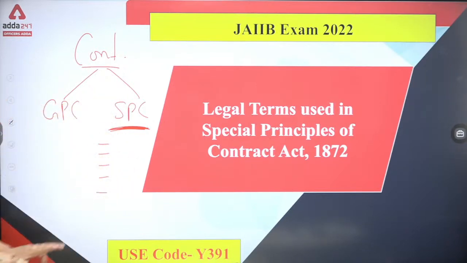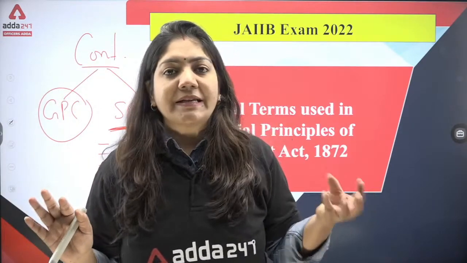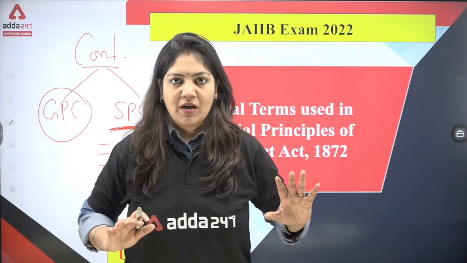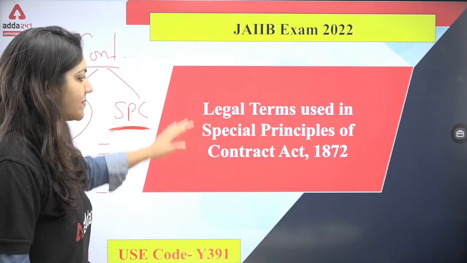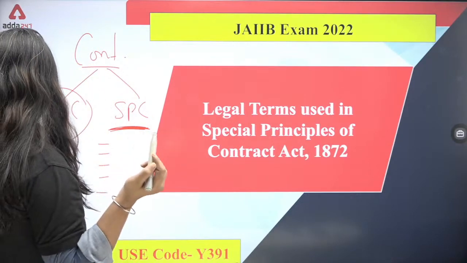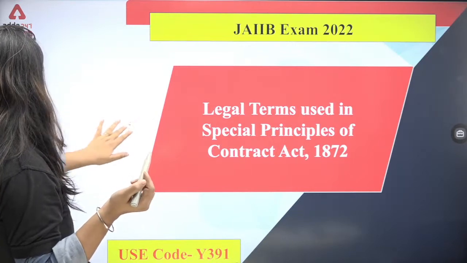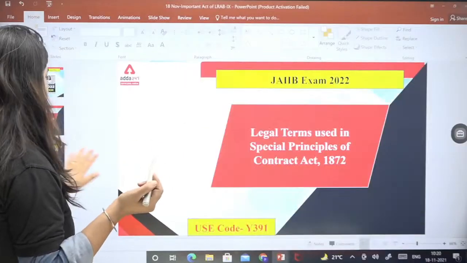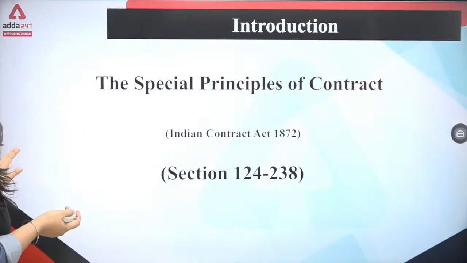That is clear to all of you, because in the General Principle of Contract we have already discussed the basic terms of the contract, that is offer, acceptance, consideration, etc. But in today's class we will discuss the important or special terms that are used in the Special Principle of Contract.